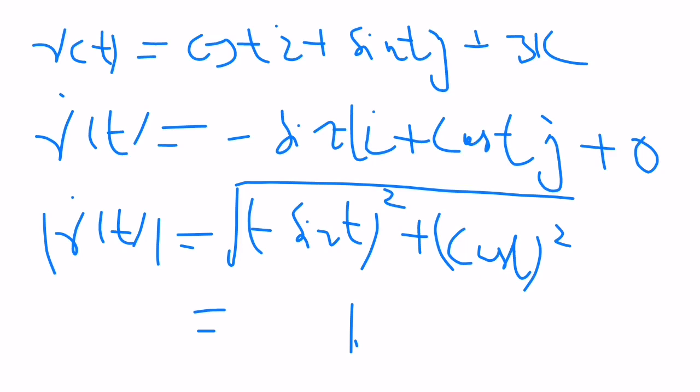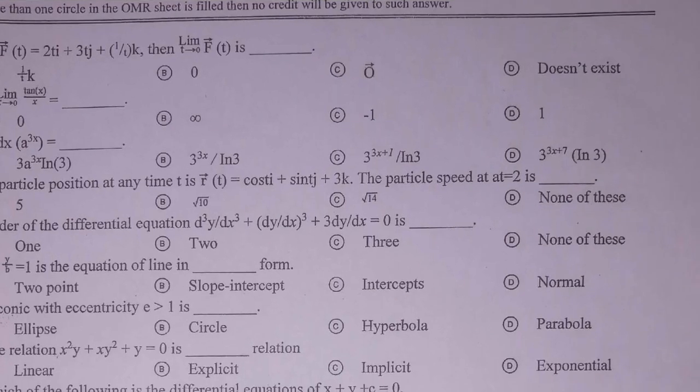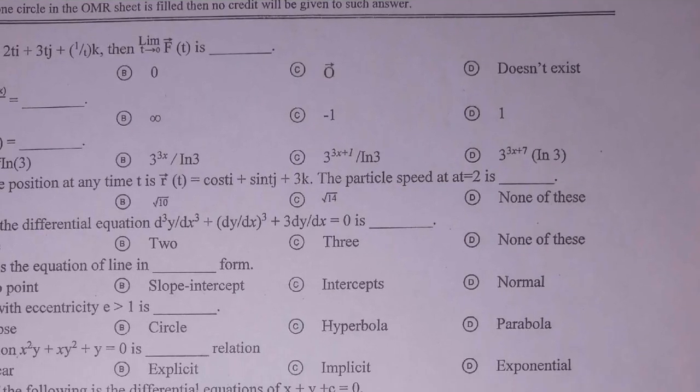So the speed at t is equal to 2 will be 1. So the correct option is 1, but 1 is not given in the options. So the option D, none of these, is the correct option.